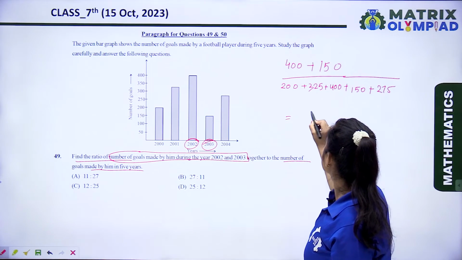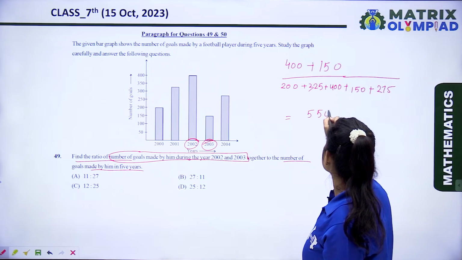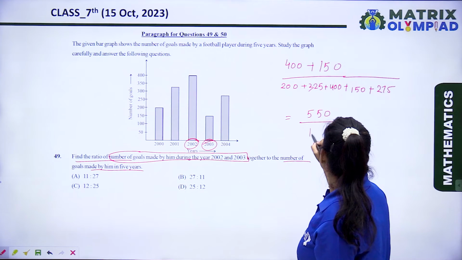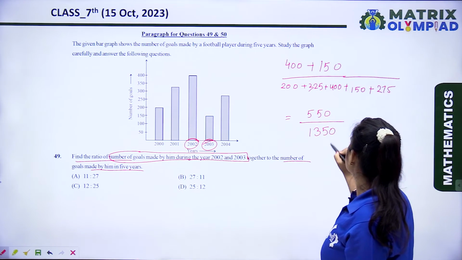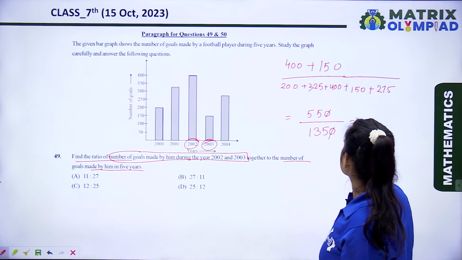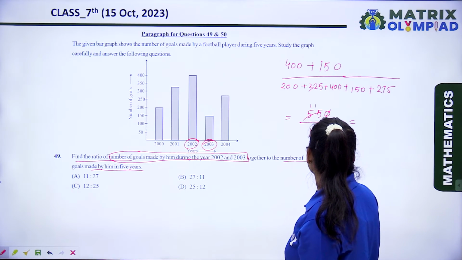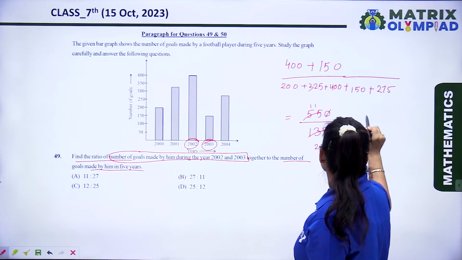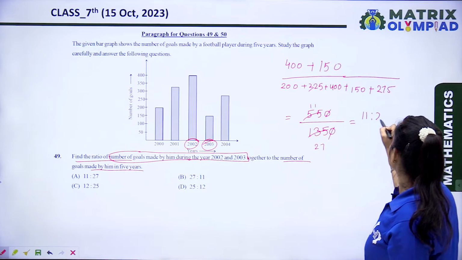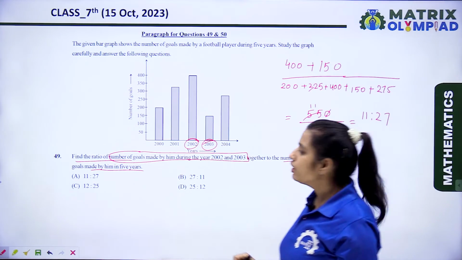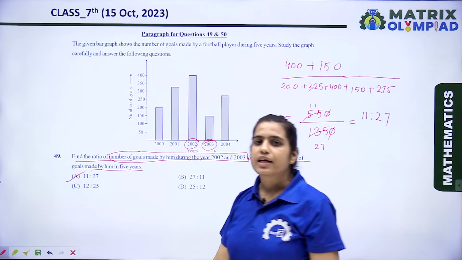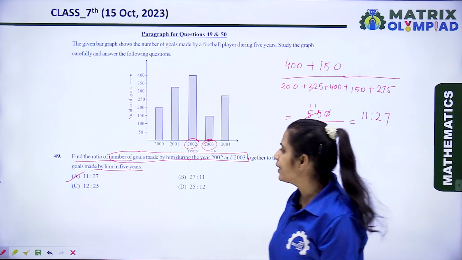So here we get 550 upon 1350. So after the cancellation, we get 11:27. So here the answer is option A, that is 11:27.